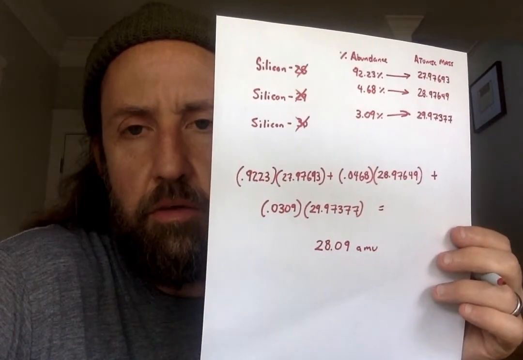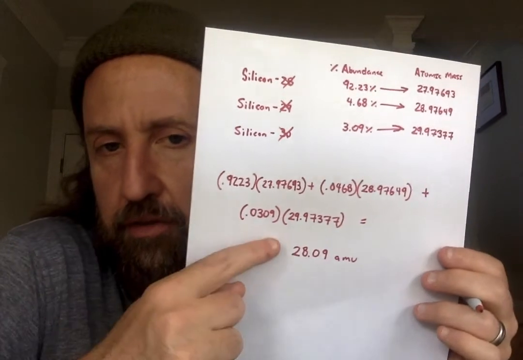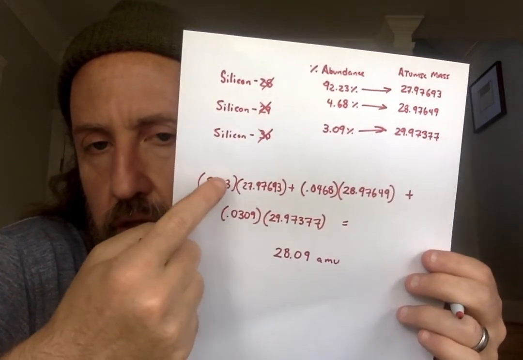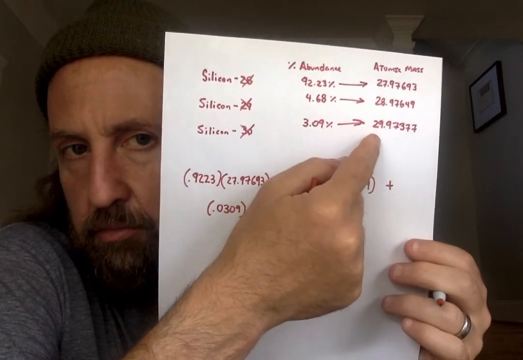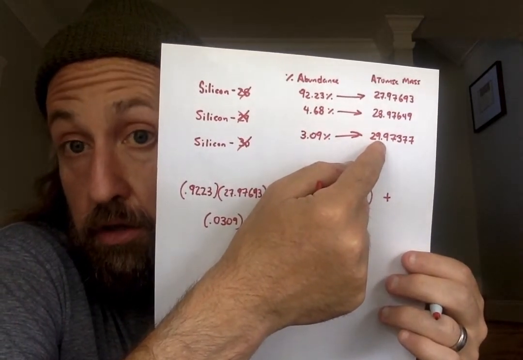The other thing that you want to keep in mind is that this answer is going to be larger than your smallest mass, but it can't be anything bigger than your largest mass. A lot of times, people will write down answers, especially in a math class or a chemistry class, and they won't think, hey, wait a minute, that answer doesn't make sense, because if it's supposed to be an average, and I'm reporting an answer of 500, if I have values that are 27, 28, and 29, how's my answer 500?